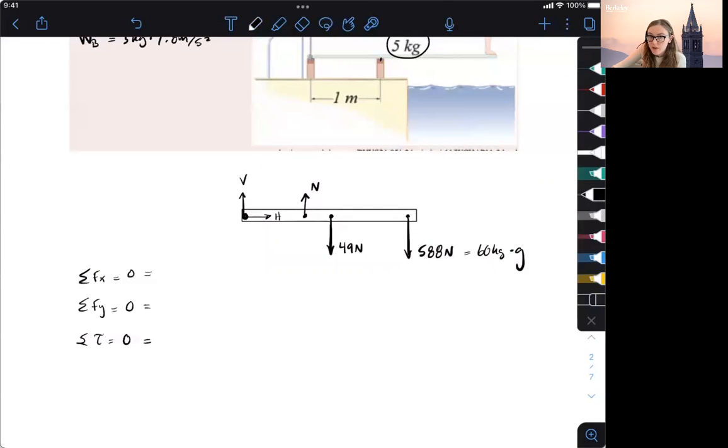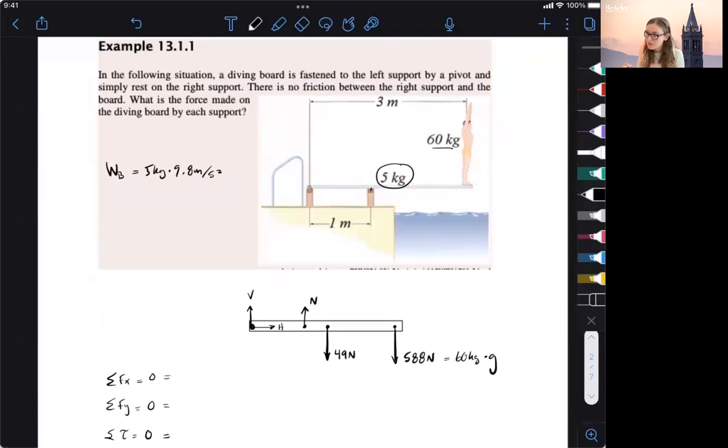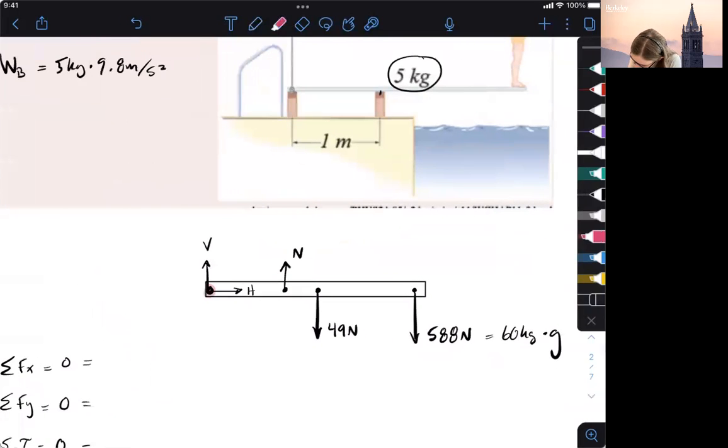Okay, so when you're dealing with these problems, you can choose your axis of rotation to be anywhere. You can take the sum of torques at any point and then set them equal to 0, because all of the forces should be balanced at all points of the board. If it's not rotating, that means at all points when we take the torque, things should be balanced. But to make it easier for yourself, it's always best to choose the rotation point as the one that has the most forces.